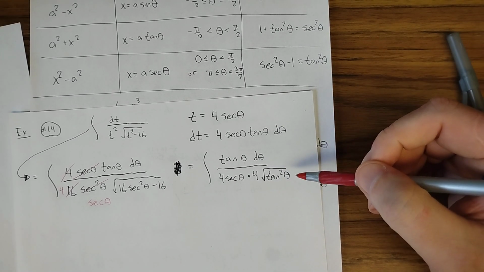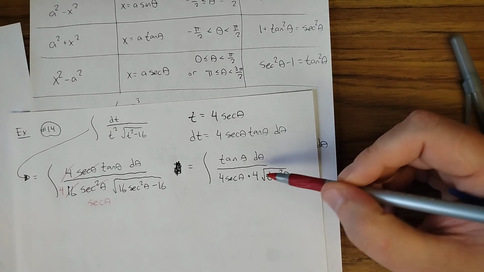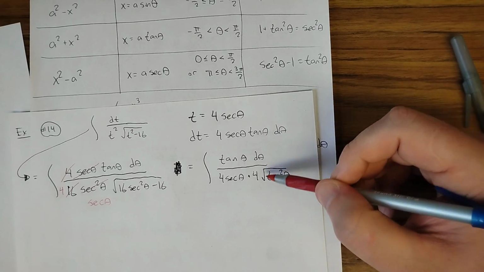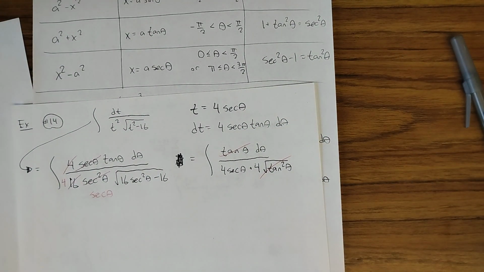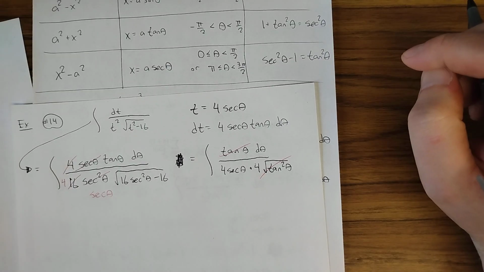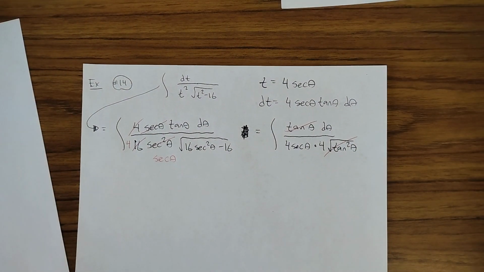Now that I have it written this way, this is kind of the magic of trig substitution, is we end up with a square root of a perfect square. And in fact, so this is just tangent, and in fact, I can just cross it off with that tangent. So these things tend to simplify a lot once you use the trig identity and all that.